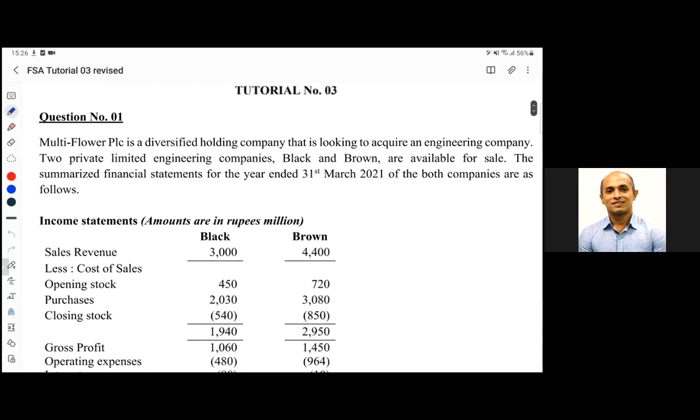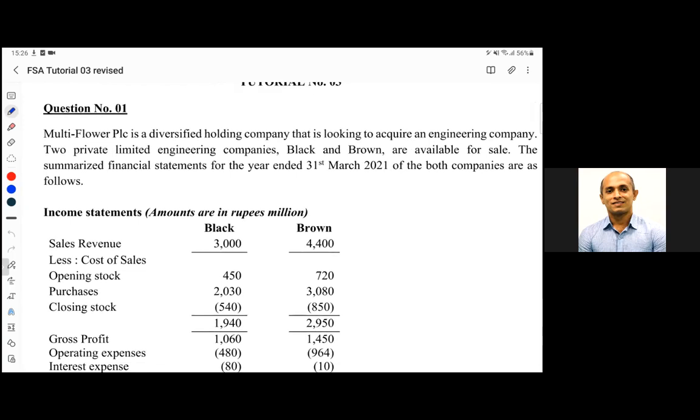So with this tutorial, you can find out how this lesson is applied when you are analyzing financial statements. Remember, you have to do this accounting analysis before you start calculating any ratio for any analysis tool.